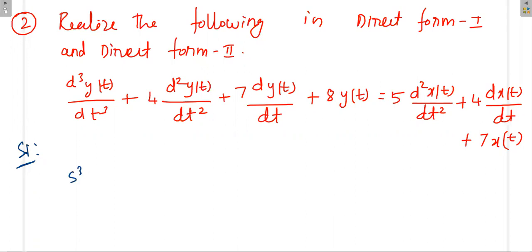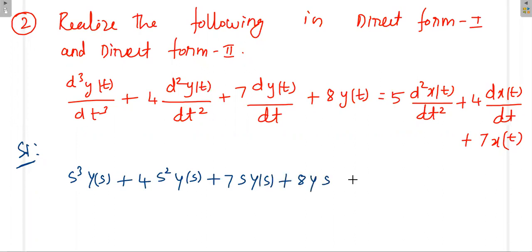S cube Y of s plus 4s square Y of s plus 7s Y of s plus 8 Y of s is equal to 5s square X of s plus 4s X of s plus 7 X of s.